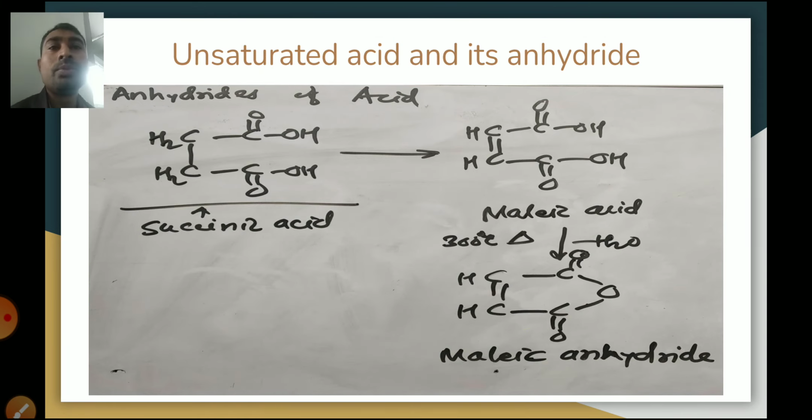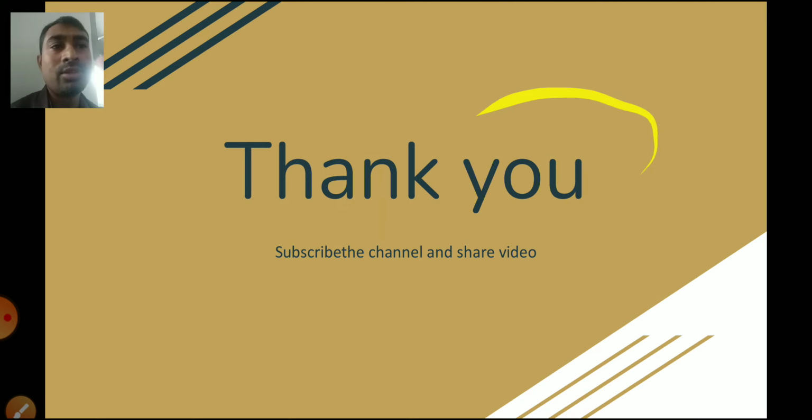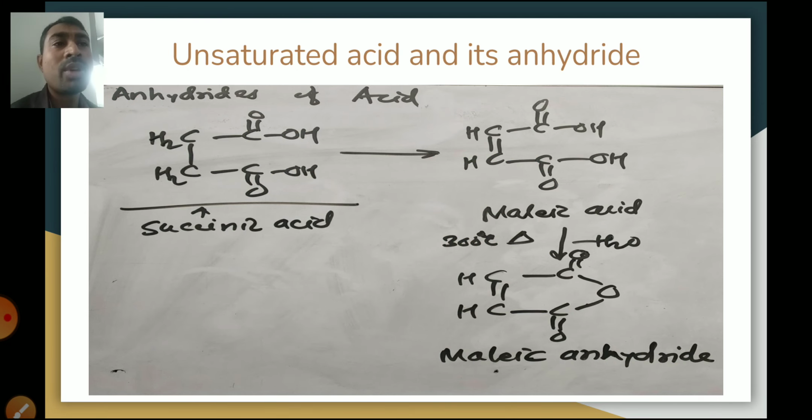Now, some of the most important acids. If we introduce unsaturation in succinic acid, in between the two ethylene carbons, with a C double bond C, this is nothing but maleic acid.